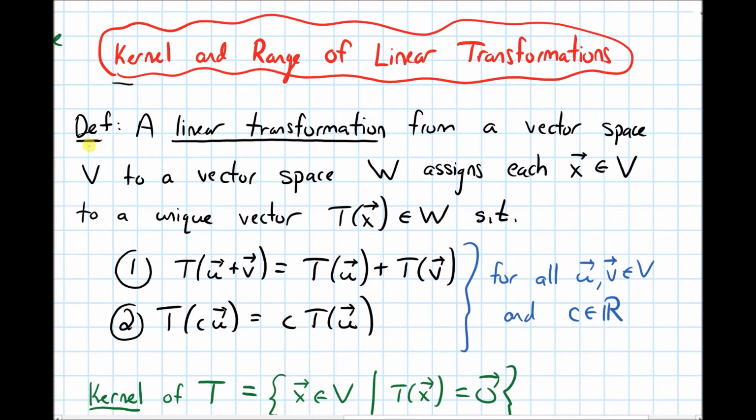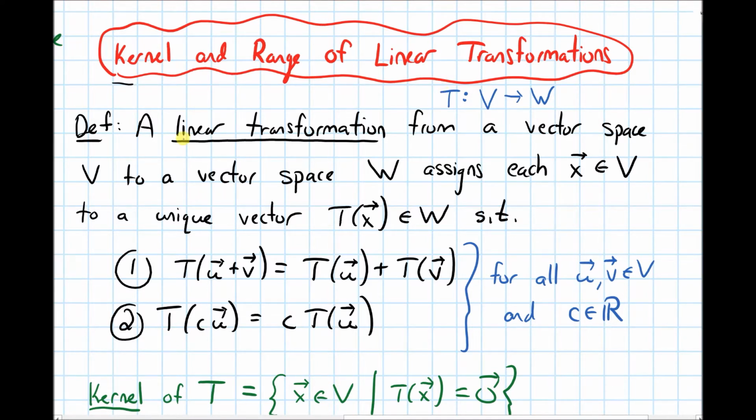Okay, so I want to begin with the definition of what a linear transformation is, but when we talk about vector spaces, and not just Rn and Rm. So what this definition basically says is, if you have a transformation T, where you input things in some vector space V, so that's the domain V, and the codomain, the set of possible outputs, is some other vector space W, T is still going to be a function.